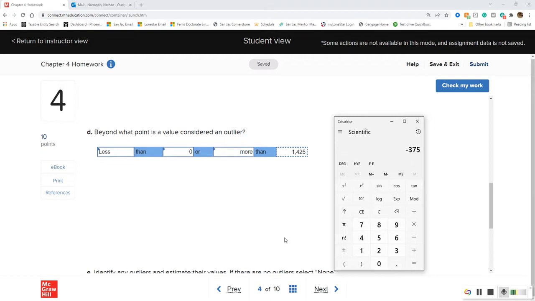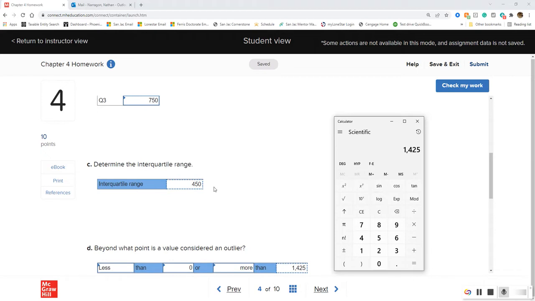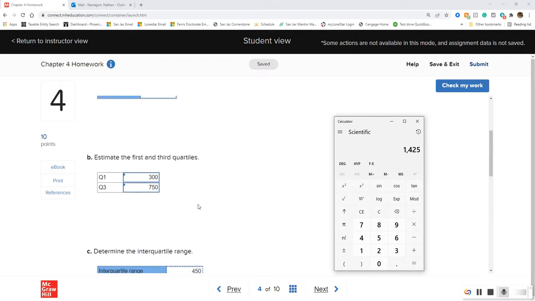We only do 0. More than 750 plus the 675 equals that 1425. Okay, so all you do is take your interquartile range and multiply it by 1.5. And then you add and subtract to our quartiles.